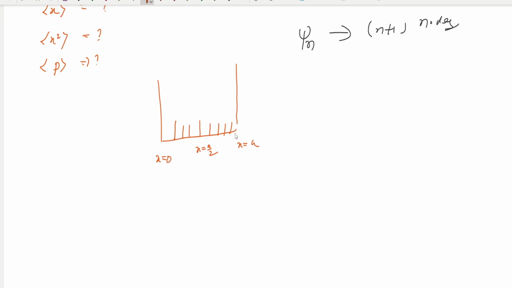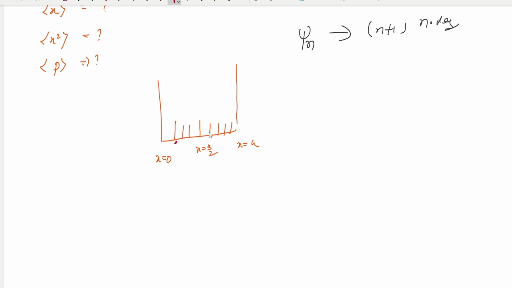Then we want to find the total probability of the particle. For example, I want to find the particle probability between x is equal to 0 and this position. I don't know this position value.